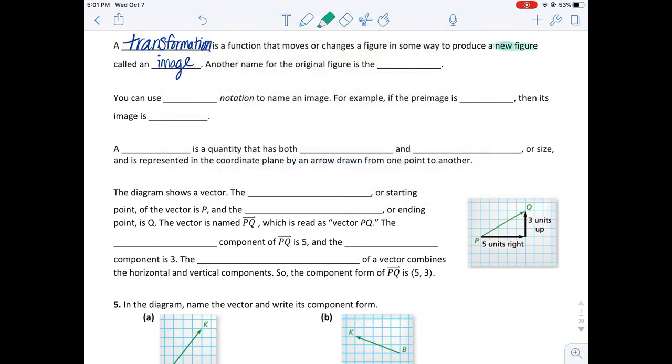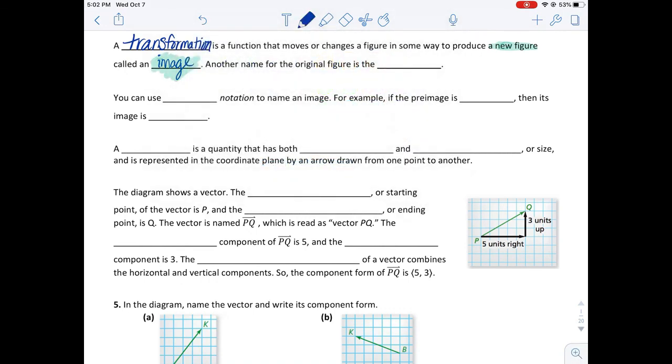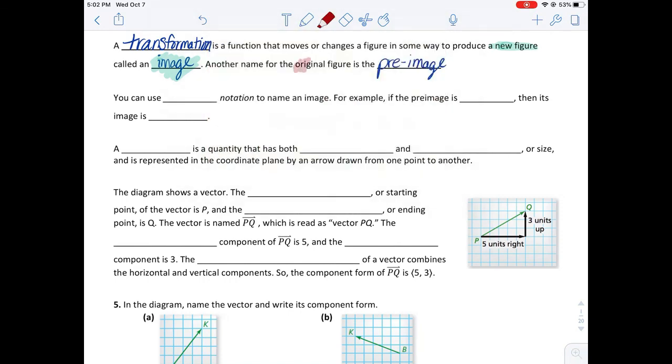The new figure will be called the image. Another name for the original figure, the figure that we start with, is the pre-image. These vocab words are important, so I'm going to highlight using a different color so they stand out. So the original figure that we started with is going to be called the pre-image. Okay, a pre-image, we transform that and we get an image as the result.